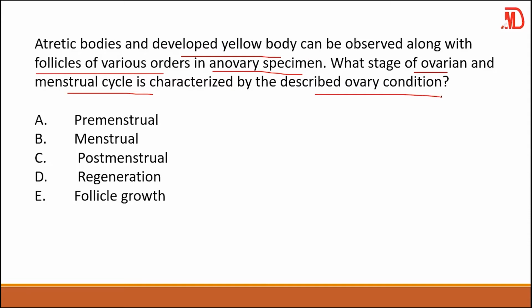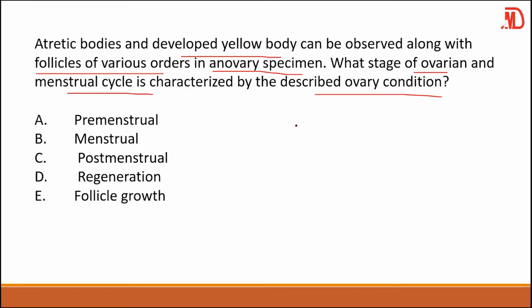Ladies will know it better. We have menstruation, the follicular phase, the ovulation stage, and the luteal stage. Some books will say we have 3: the follicular phase, the ovulation, and the luteal phase, which most of you know about.